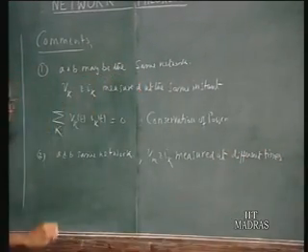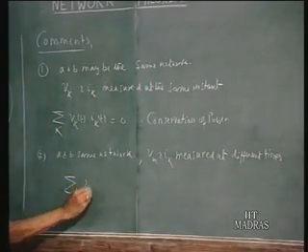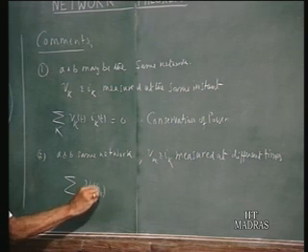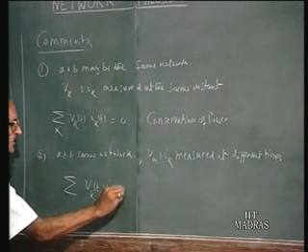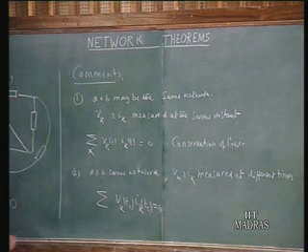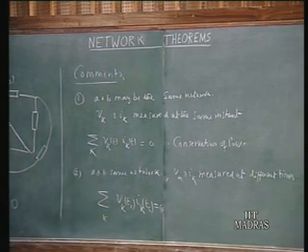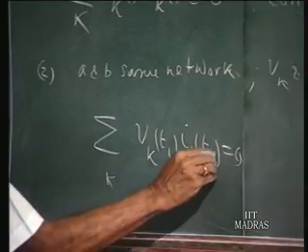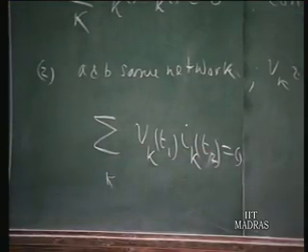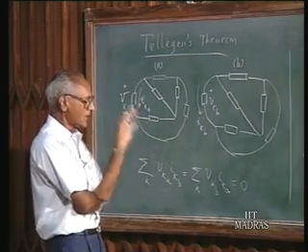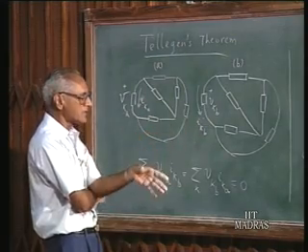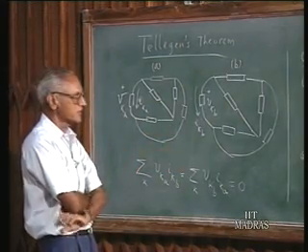That means if you take Vk at t1 and multiply by Ik at t2, then also the sum over k is 0. This is not something which is immediately evident. It is not a manifestation of conservation of power. You can take the voltages in a network at a time t1, multiply by the currents at another time t2, and still their product sums to 0. This is surprising.